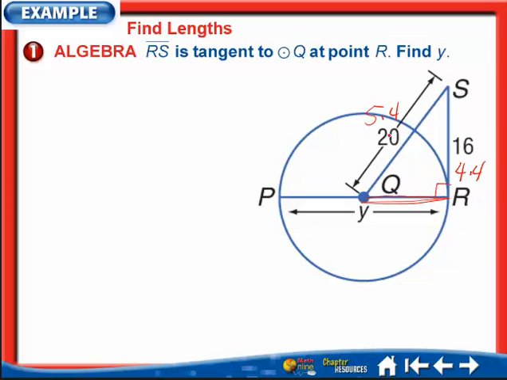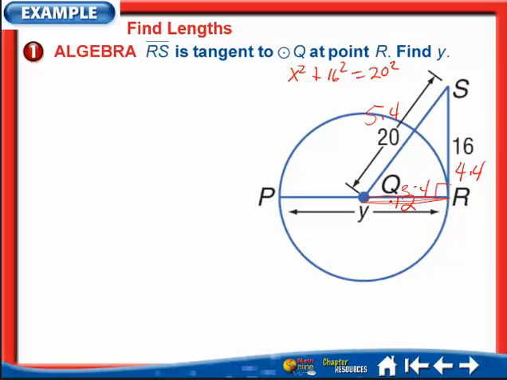Therefore, this is a Pythagorean triple, and this side would be 3 times 4, which is 12. You could do it out using a squared plus b squared equals c squared. You can work it out that way. You'll still get 12. So if you start learning to recognize these Pythagorean triples, especially 3, 4, 5, that is the most common one. It can save you so much work.